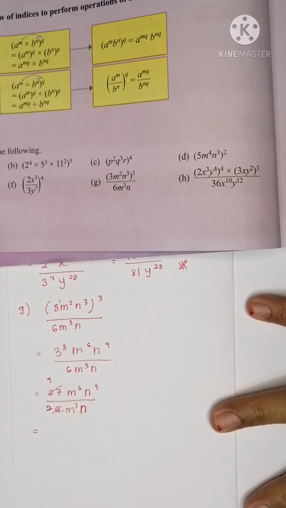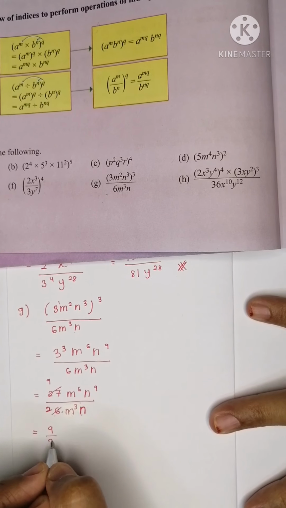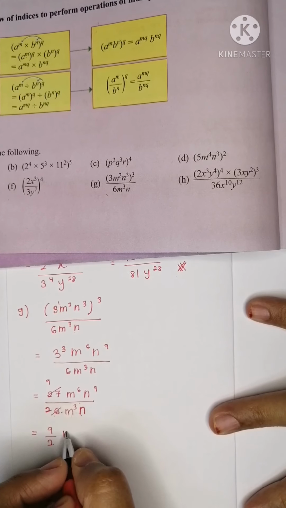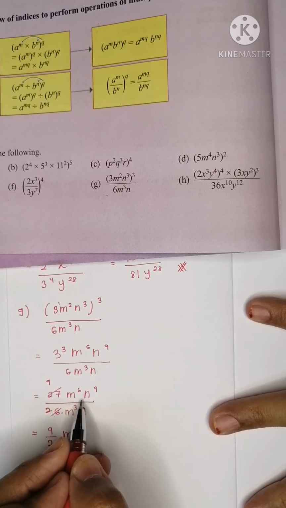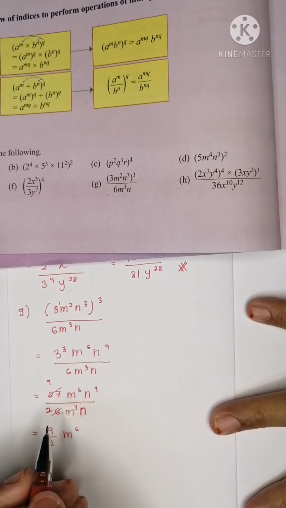So the way is, you know the constant is 9 over 2. We know the numerator is m to the power of 6, right? And then m to the power of 3, you need to bring to the numerator.